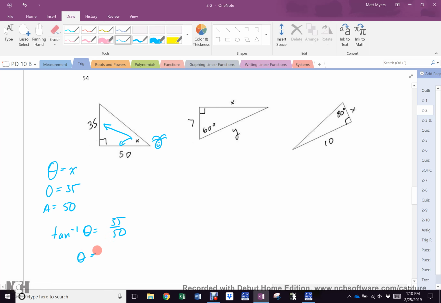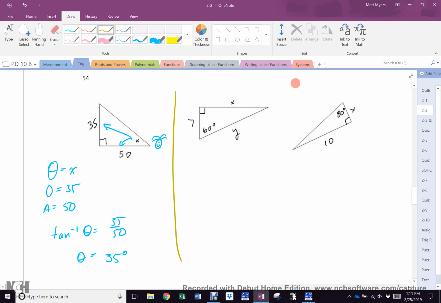So what is theta? 35 degrees? Easy peasy. I hope. I didn't check. It's not 30 degrees, it is 35 degrees.